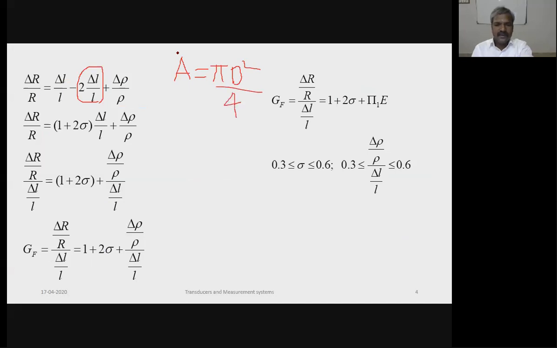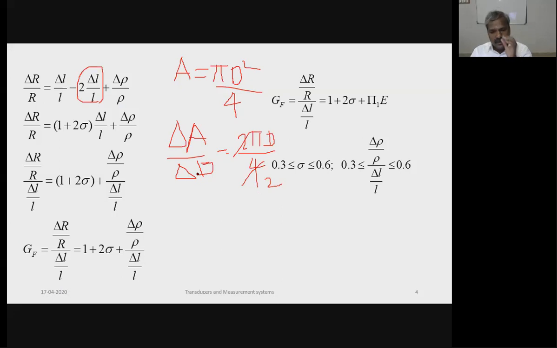So if you differentiate this, say del A with respect to del D, what do you get? Del A is 2 pi D by 4, so cancel, pi D by 2.